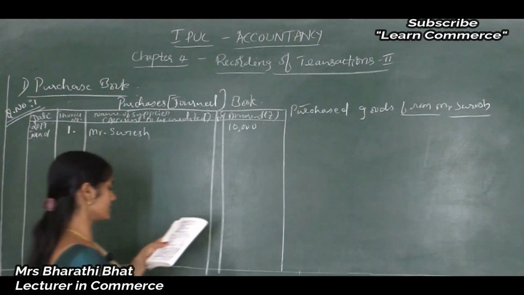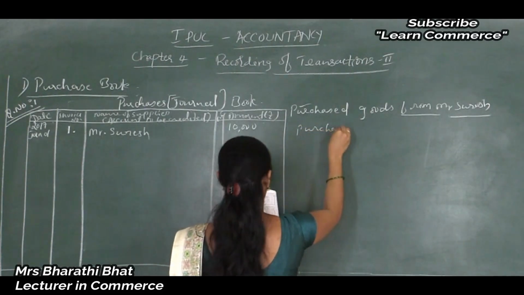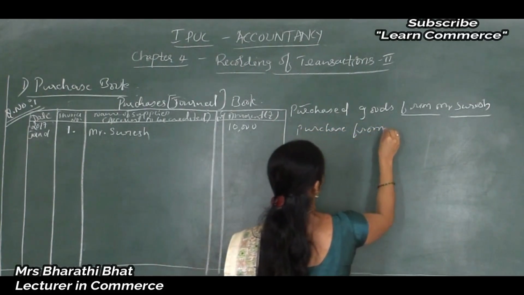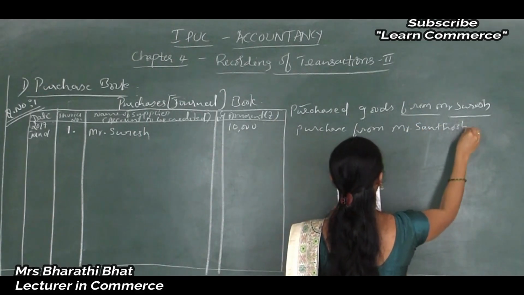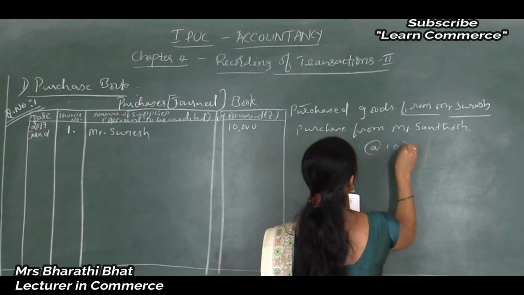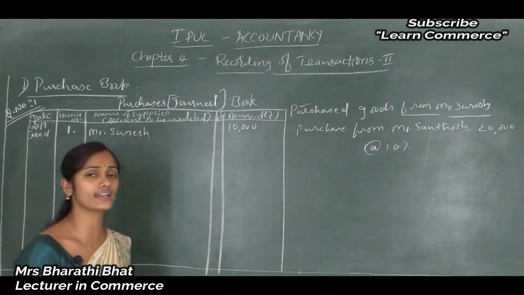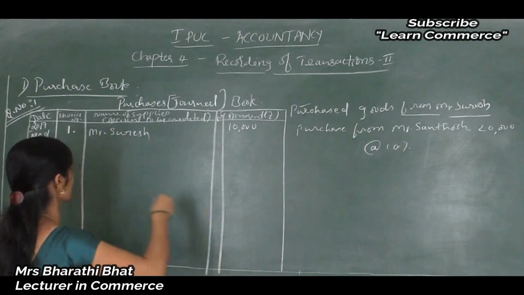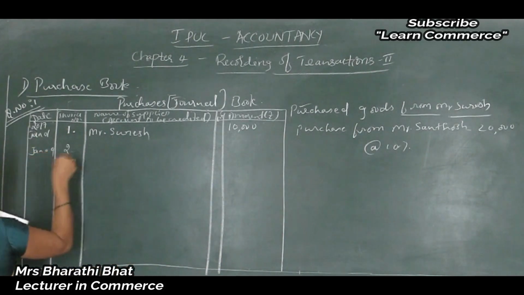So the next transaction, purchase from Mr. Santosh, 20,000 and 10% discount. How can we calculate the discount here?